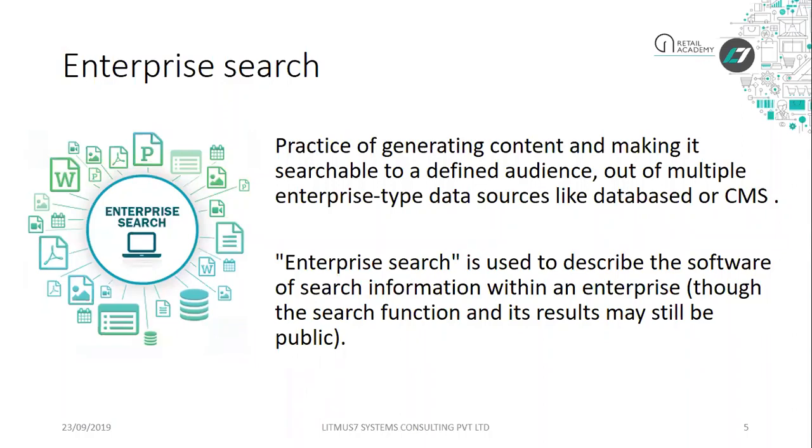But what we are going to study is Solr, right? So Solr is an enterprise search application. So the question is, what is an enterprise search, and what's the difference between an enterprise search and the commonly used Google search or some other search functionality?